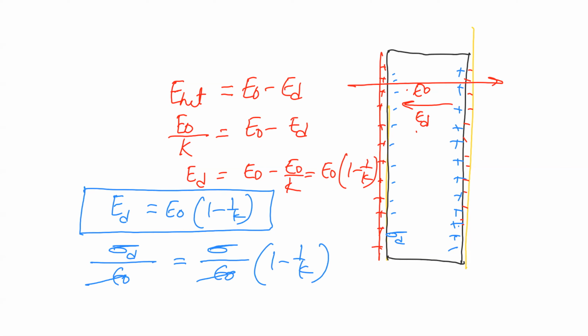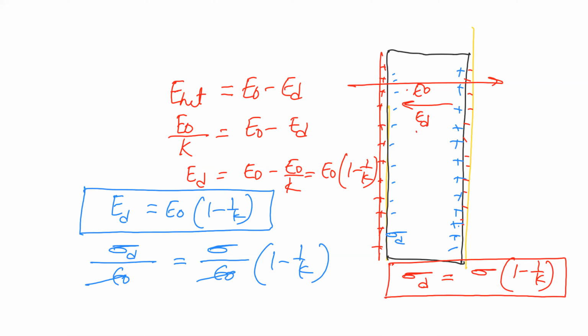We will get a formula that the charge appearing on the dielectric, sigma D, charge per unit area, is equal to sigma of the plate times 1 minus 1 by K. So sigma D will be sigma into 1 minus 1 by K.